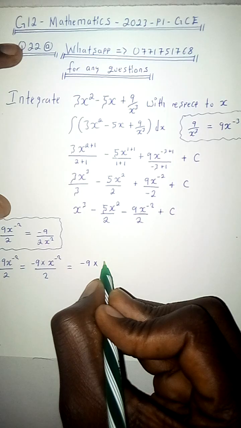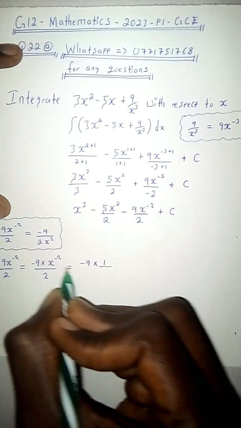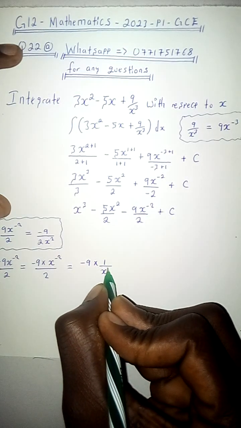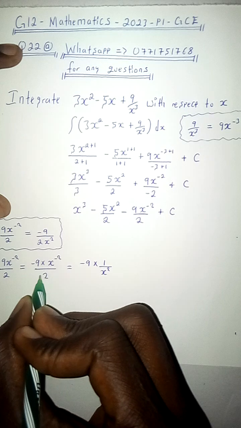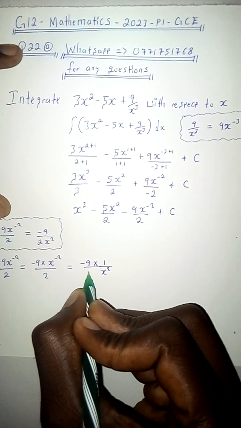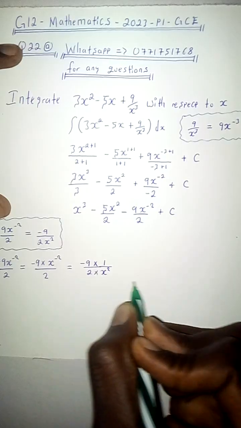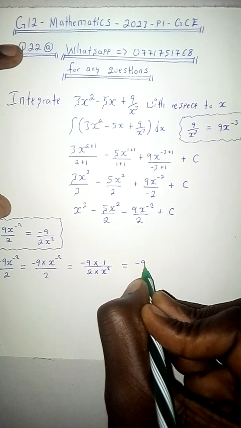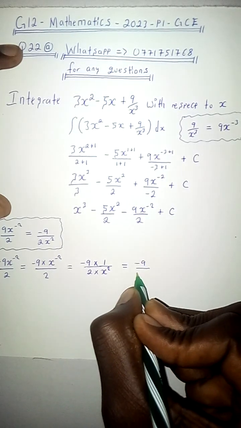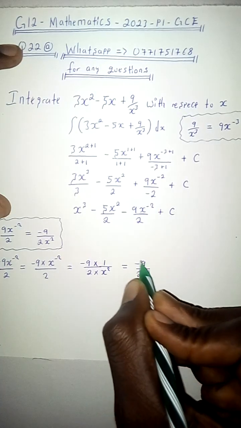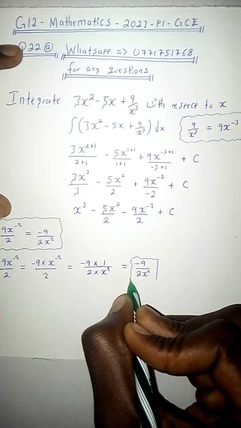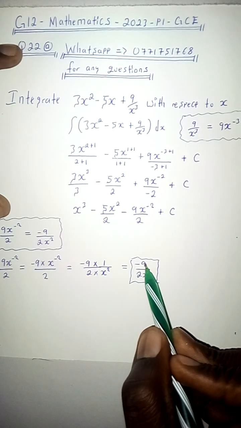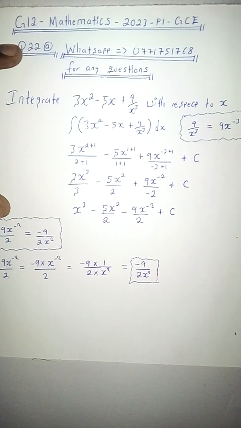Well, we just say 1 over everything except the negative, right? So we are going to have x to the power 2, right? But down there we already had 2, right? So we are going to have our 2 there. So this multiplied by this, we're going to have negative 9 over this multiplied by this, we're going to have 2x to the power 2. Okay, so this is where the negative 9 over 2x to the power 2 is coming from.